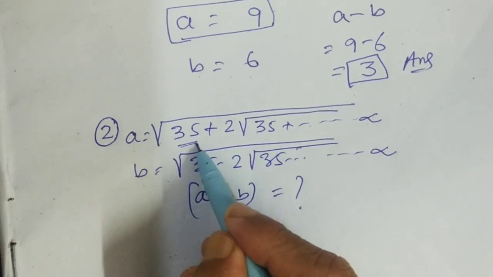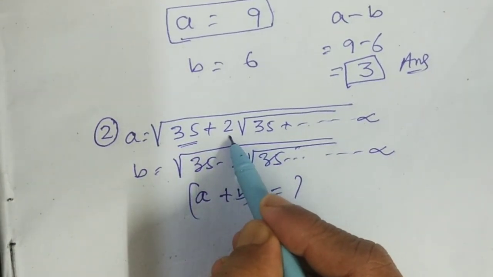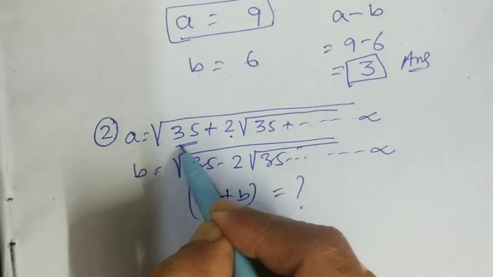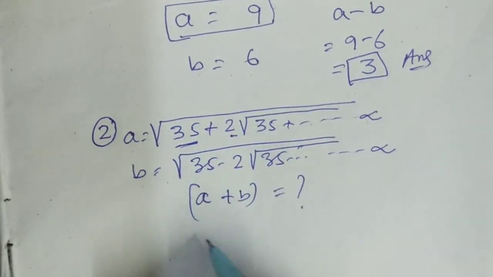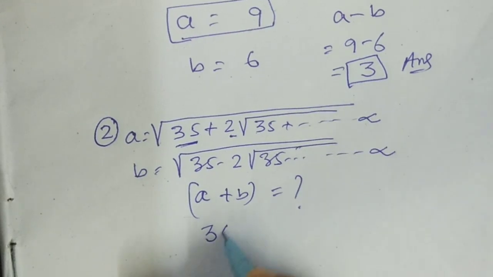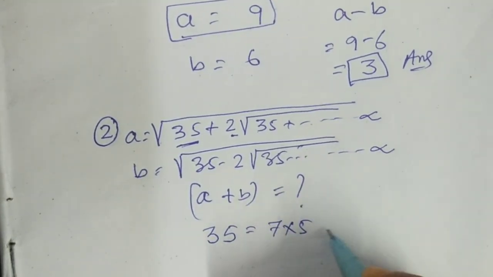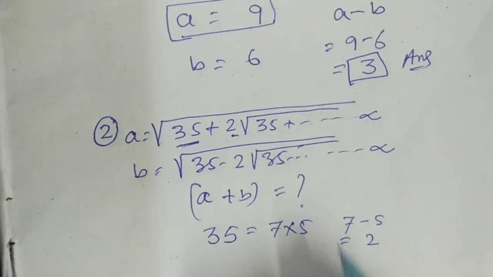This is 35 written here and here it is 2. So we will choose the product of the factors is equal to 35 and difference is equal to 2. So we can say that 35 is equal to 7 into 5 and the difference of 7 minus 5 is 2. So the condition is satisfied.